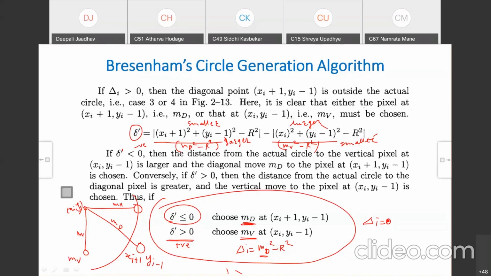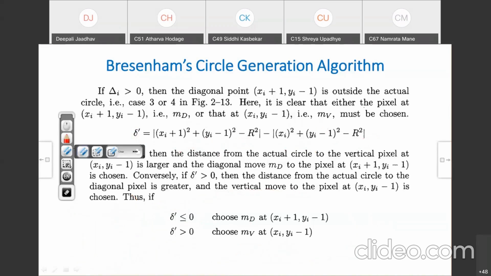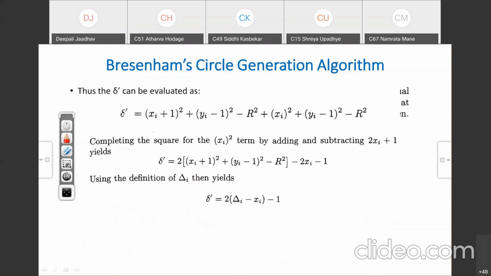Now see, in the previous slide we have calculated the delta. In that same way, we need to evaluate the delta dash also. So delta dash, how to evaluate it? It is evaluated with this equation: MD square minus R square plus MV square minus R square.